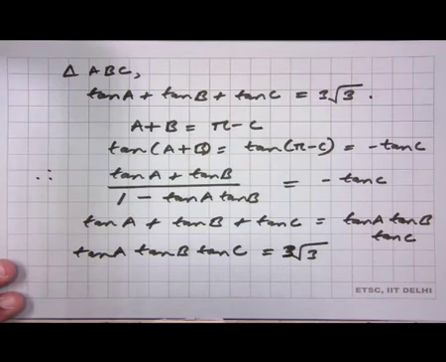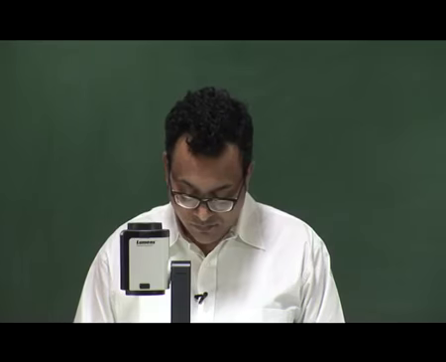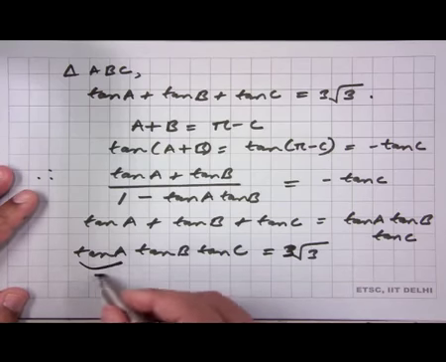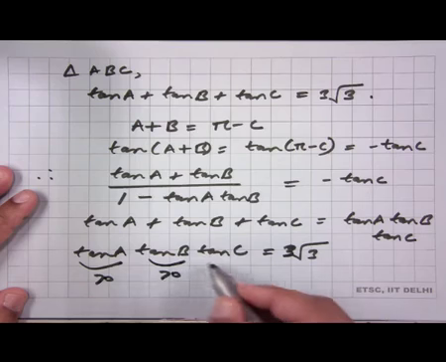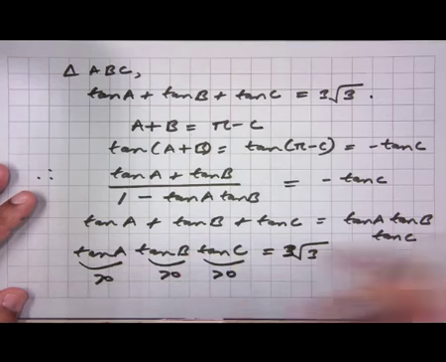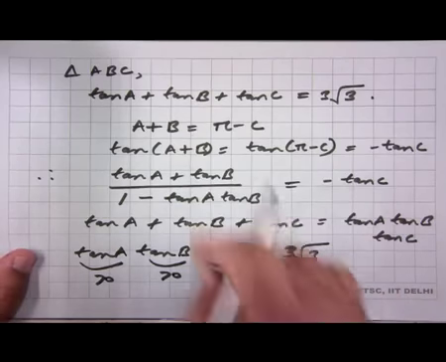So, that is not a possibility, and therefore, the only possibility that remains is that all 3 of them are positive, which basically implies that all the angles A, B and C are between 0 and 90 degrees, or basically this triangle is an acute triangle.